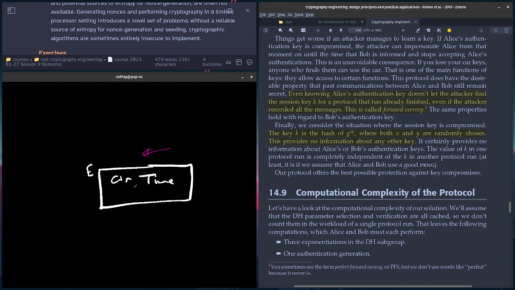So I think the question is, when we're talking about nonce generation, usually only one of these things is actually important for the cryptographic protocol itself. For instance, in AES-CBC, we use a nonce for initializing the protocol.